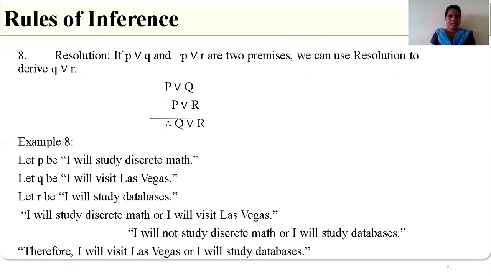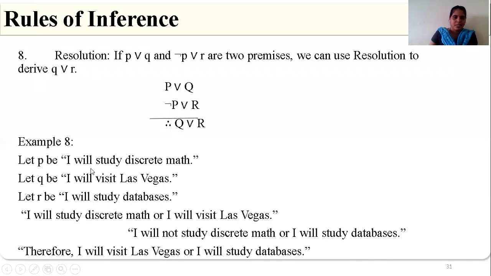Next, resolution. According to this rule, if P or Q and negation of P or R are the two premises, then we can use the resolution rule to derive the conclusion Q or R. Here is an example.